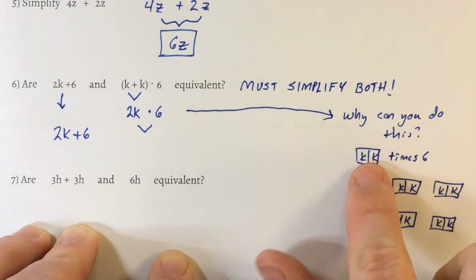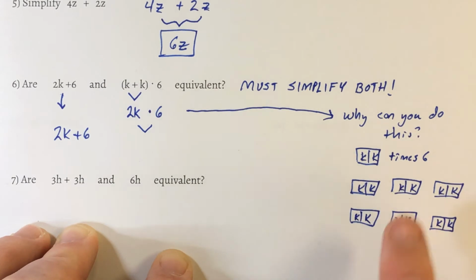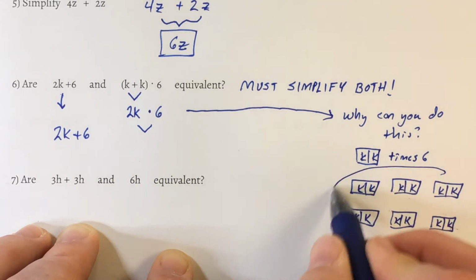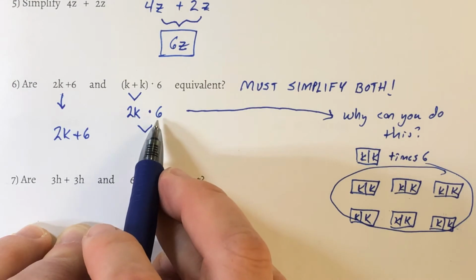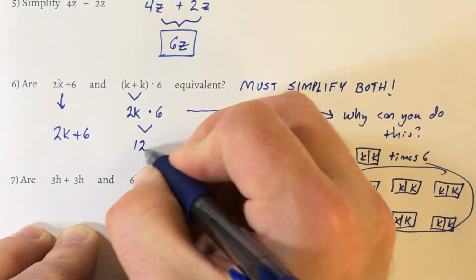So again, 2k times 6 means I have 6 groups of 2k's. So what do you see? Well, I see 12k's total. So 2k times 6 of them, I'm going to get 12k.